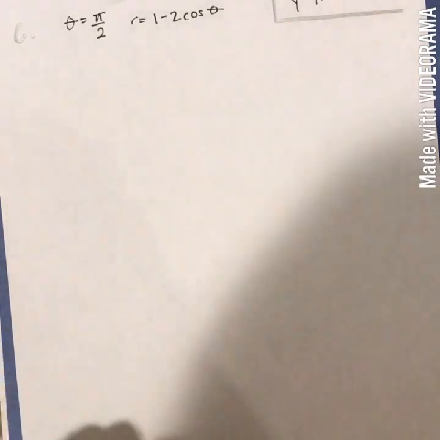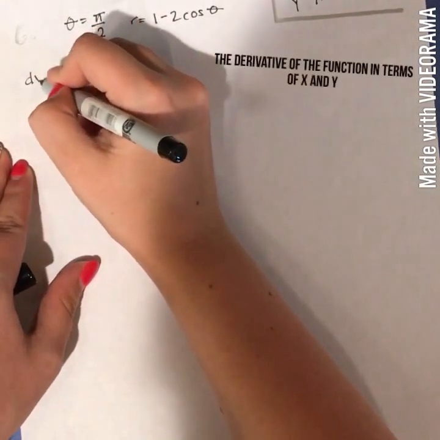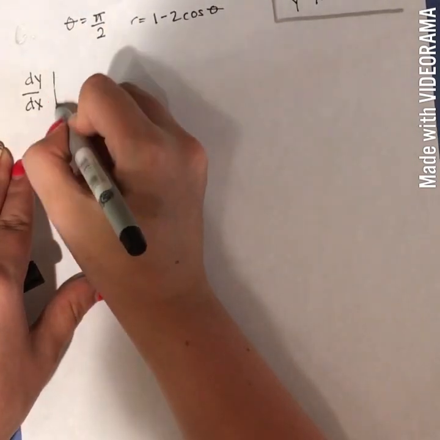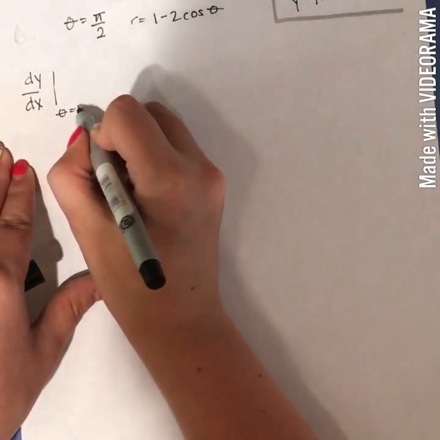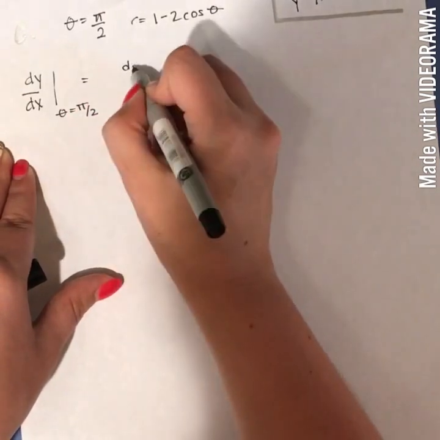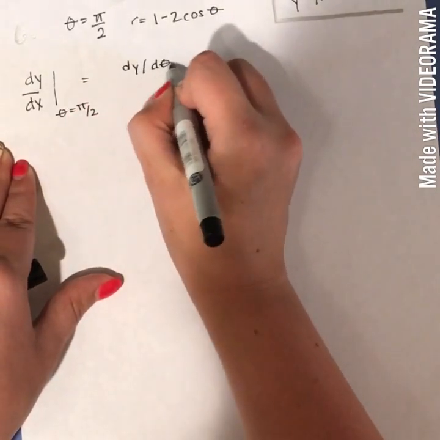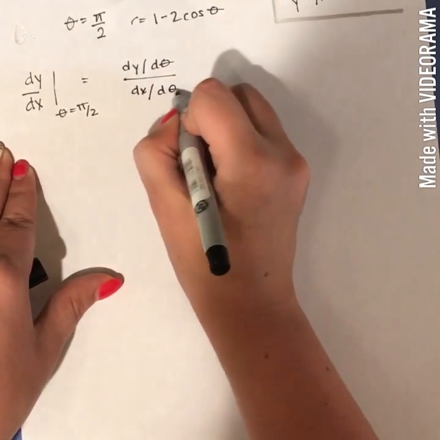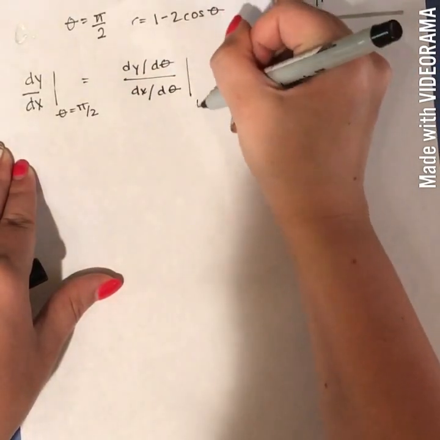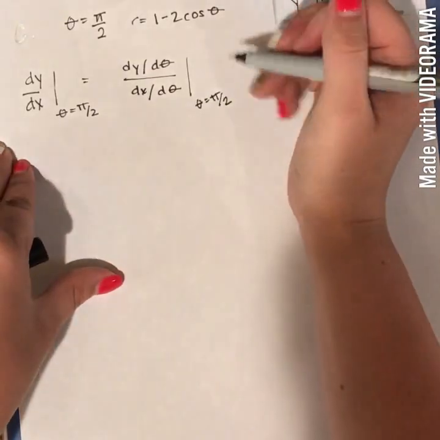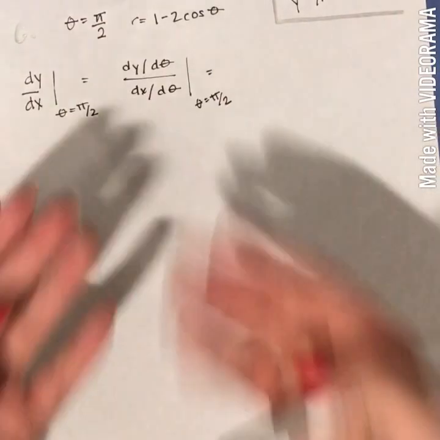So basically we want to find dy dx at theta equals pi over 2. This is the same thing as saying dy d theta over dx d theta, at theta equals pi over 2. We're going to need to find the answer for that.